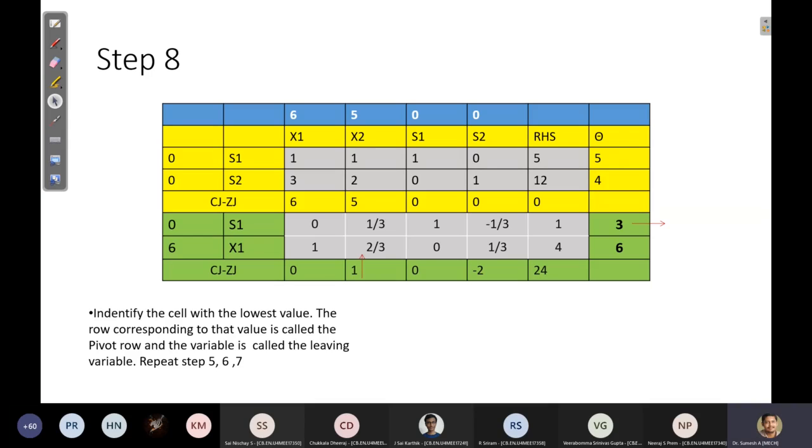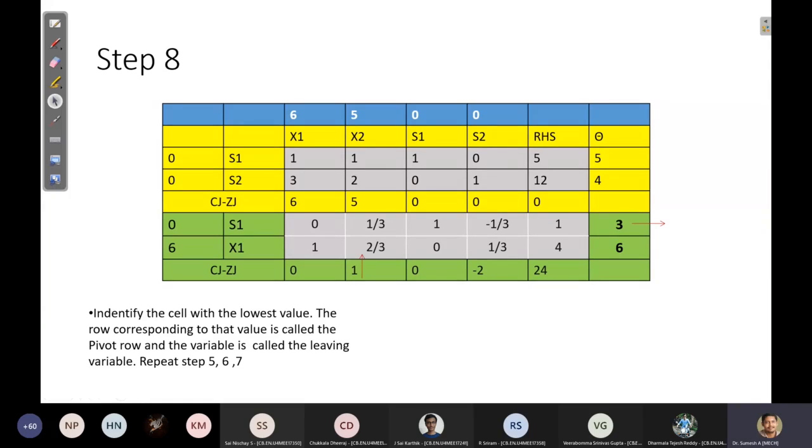What will be your opinion? No replacement. You have to keep X1 as it is. Don't change it.